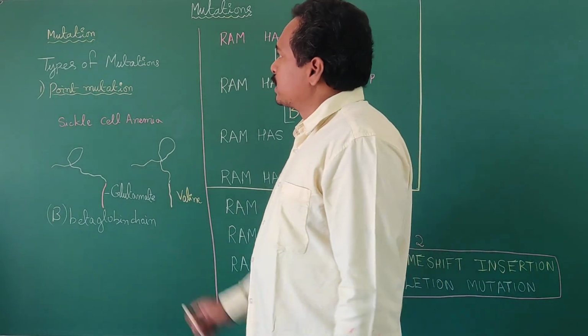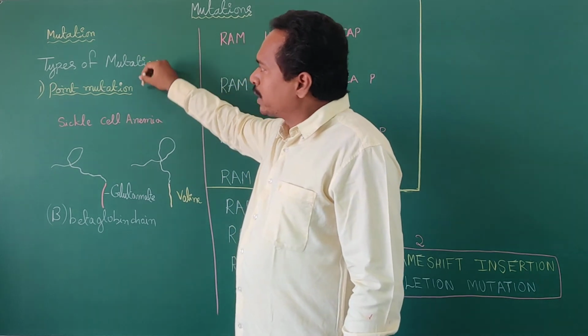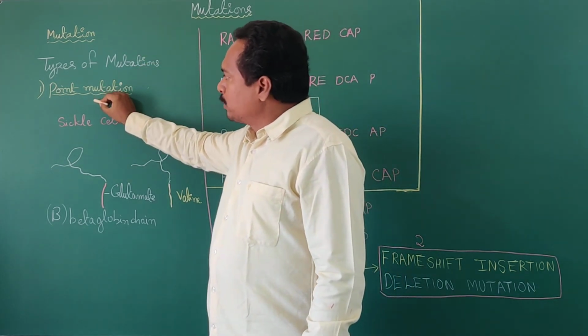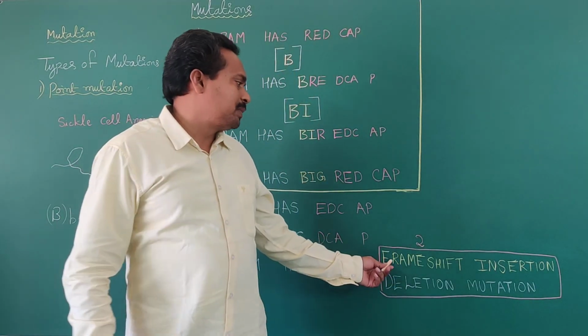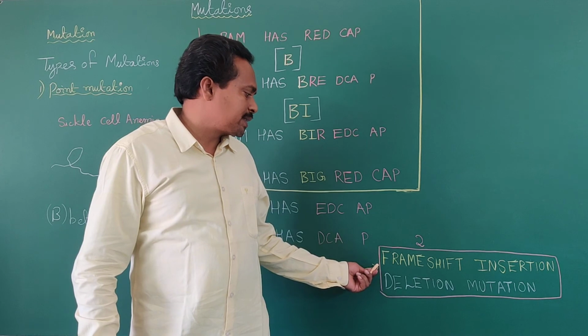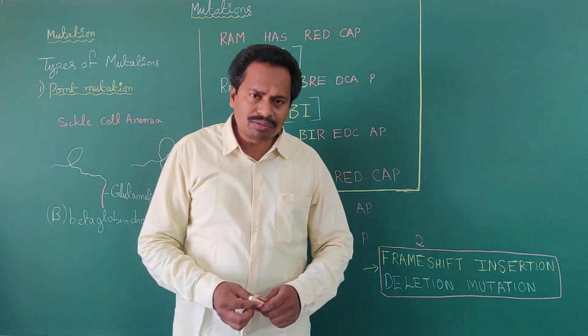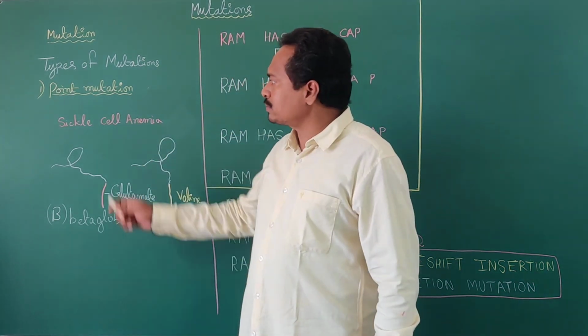So how many types of mutations are there? Mainly two types. What are they? One is point mutation and the second one is frameshift mutation, the insertion or deletion mutation. First of all, we have to know about point mutation.